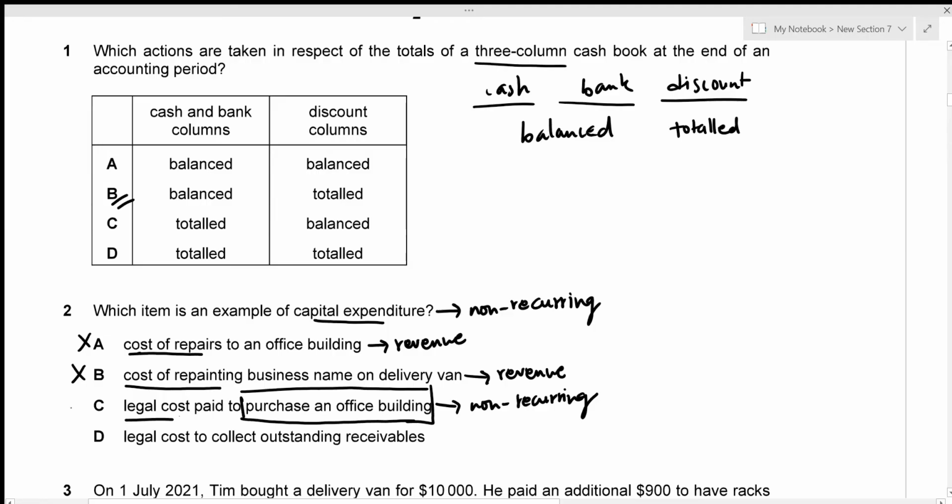So option C is our correct answer. Let's just look at option D as well. Option D is legal costs to collect outstanding receivables. So outstanding receivables is something that's going to recur in nature, which means that this is revenue expenditure. So this cannot be our answer.